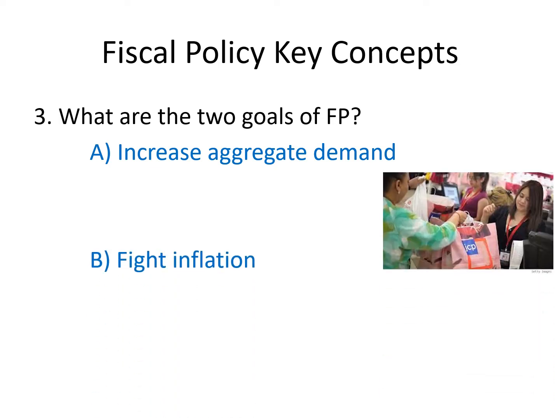The second goal is to fight inflation. You might remember that too much money being put in the economy, just printing more money and putting it in the economy, leads to inflation. The money is not worth quite as much, and prices can go up because of that. So those are two kind of opposing goals.